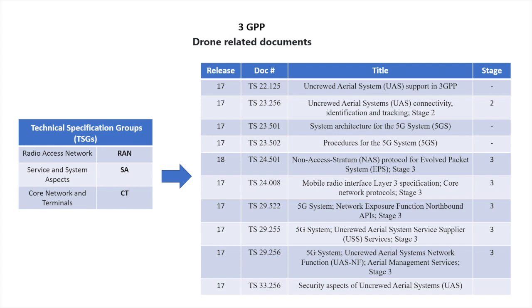I will focus on 2 of them: Uncrewed Aerial System support in 3GPP and Uncrewed Aerial System connectivity, identification, and tracking. The first one defines requirements for supporting UAV in 3GPP. The second one describes the architectural model and concept to satisfy the requirements. Other documents describe changes in core elements of 5G related to UAV support. They are more specific and intended for engineers and manufacturers of 5G equipment.